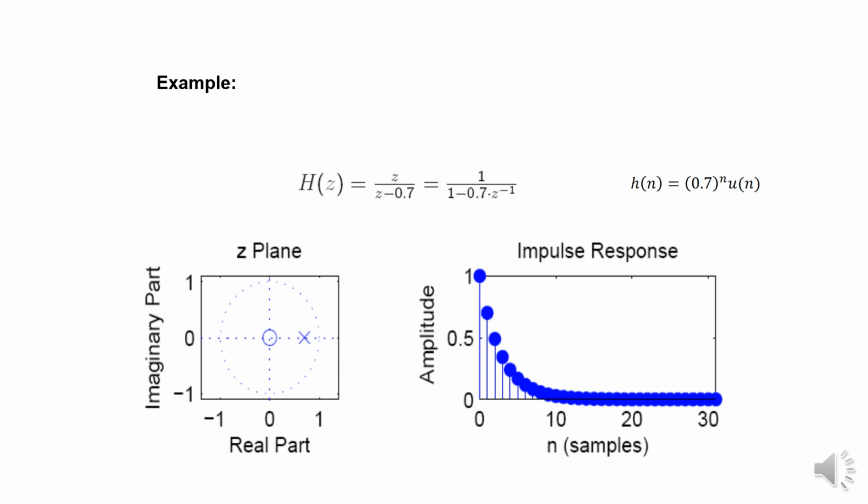As you can see here, in this blue color, these are the h[n] values. h[n] is 0.7^n u[n]. If you find the inverse of H(z), you can find h[n], and it has been drawn as well. What we can tell about h[n] is that it is a causal system, or a right hand side sequence.